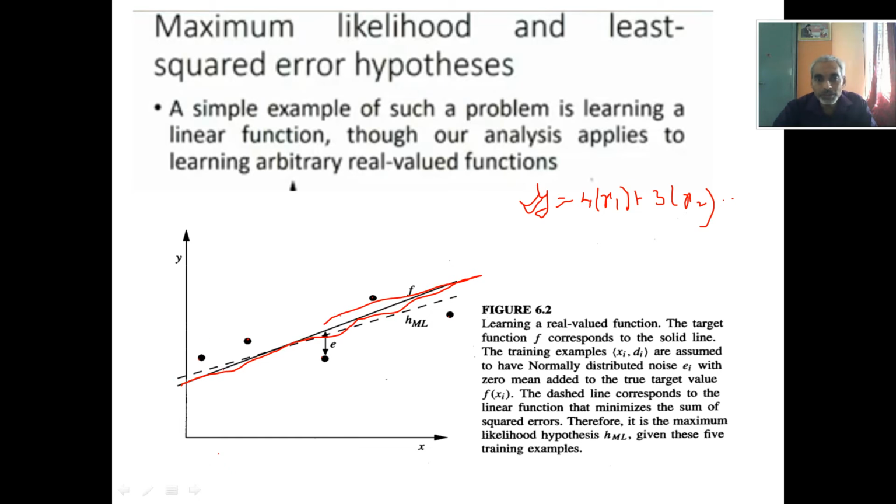Now when you look at this dark line, you can see that all points are not falling on that particular line.